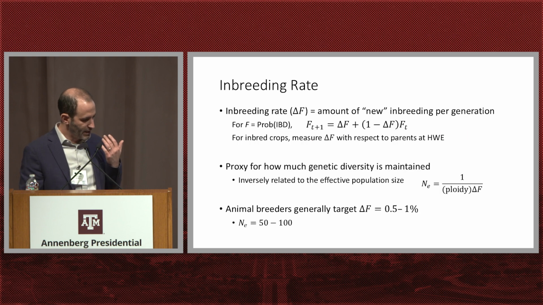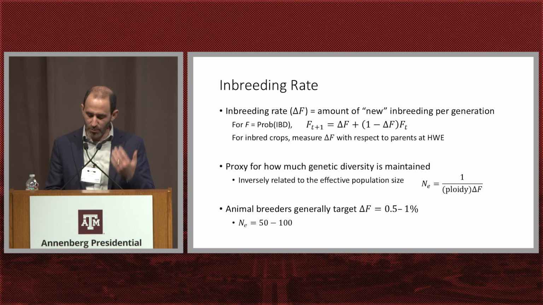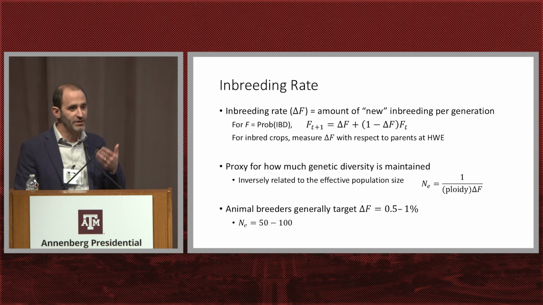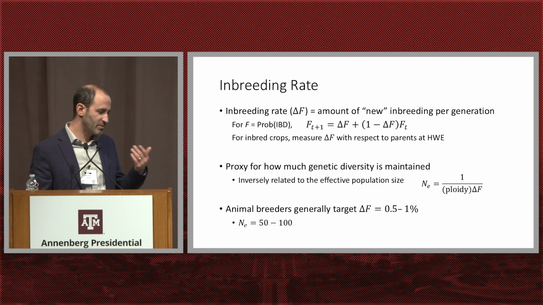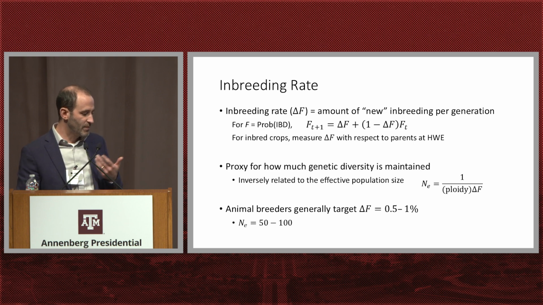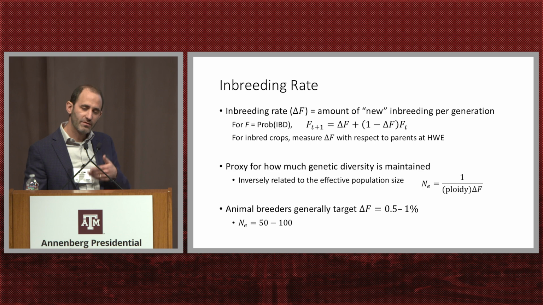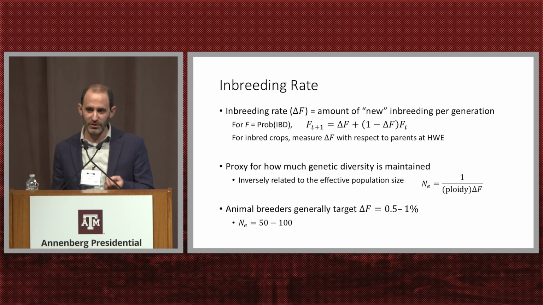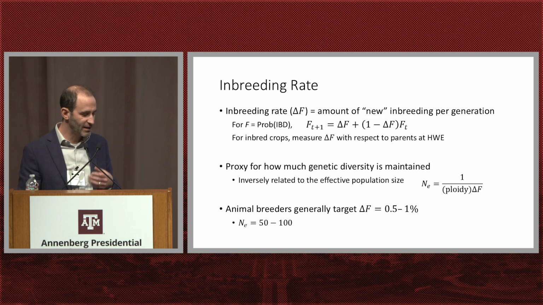And in animal breeding, the way they formalize this is by defining an inbreeding rate and measuring an inbreeding rate. So let me formally introduce that to you. Inbreeding rate is the amount of new inbreeding that's generated per generation. And it is defined based on a probabilistic measure of identity by descent, classically.